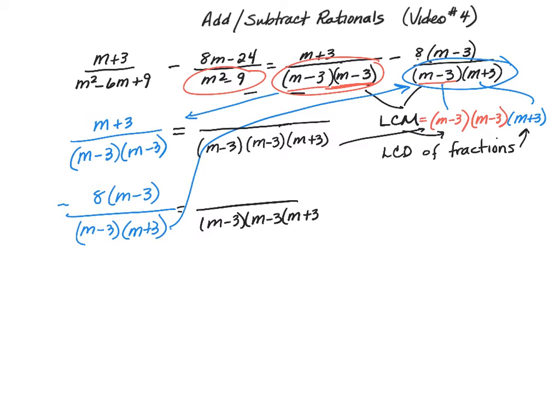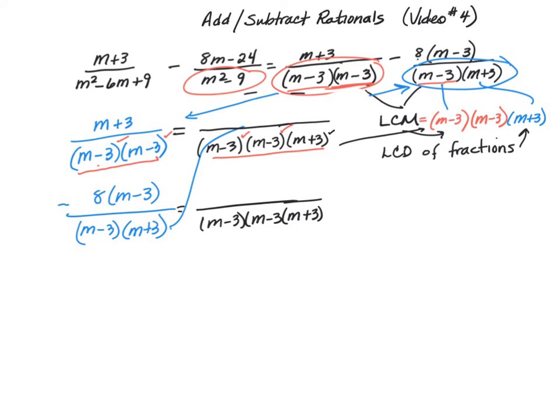All we have to do now is take a look at the old denominator and see what is in the new one that's not in the old one. m minus 3, m minus 3, we have that here. What we don't have is an m plus 3. So we will now need to have our m plus 3 that you see right here.